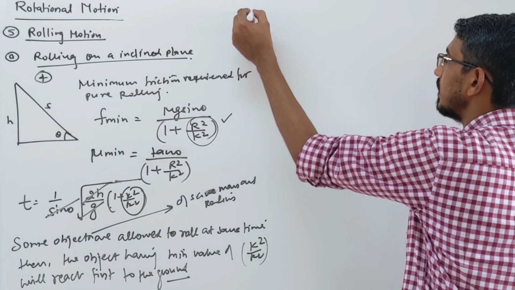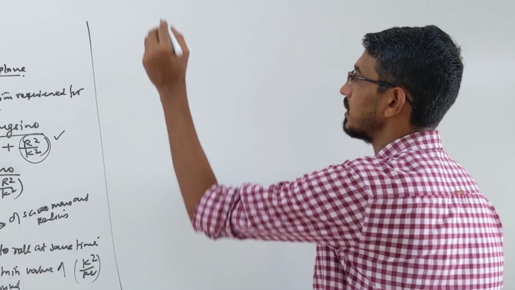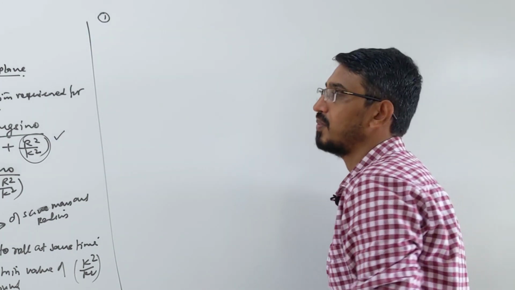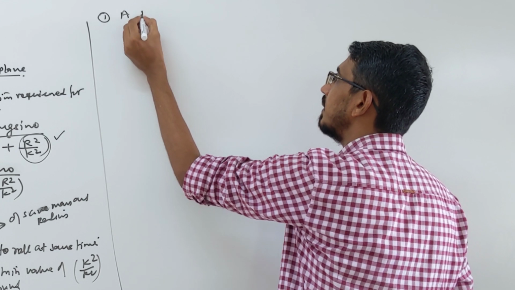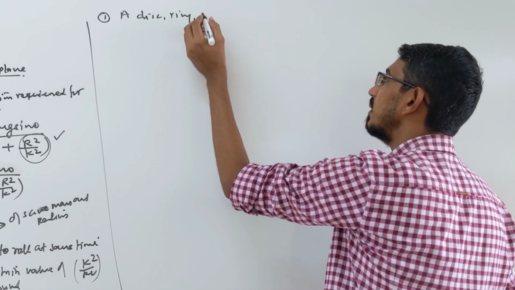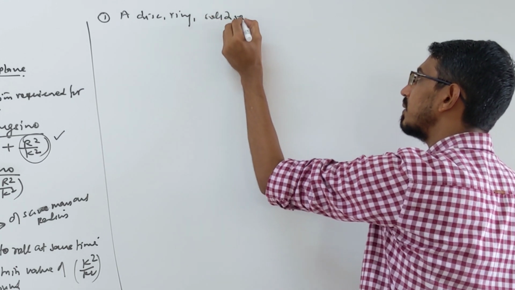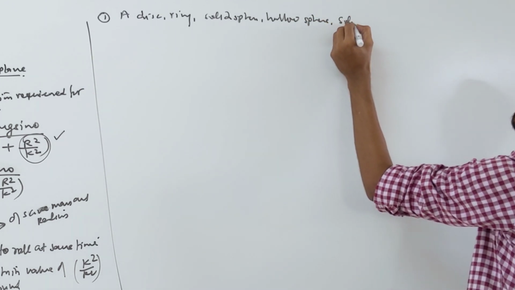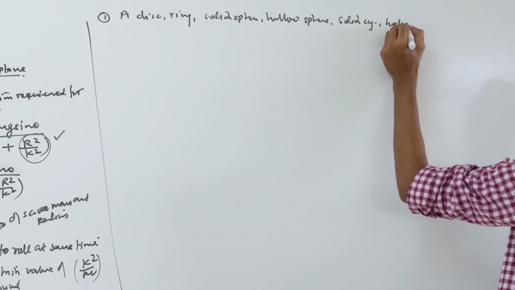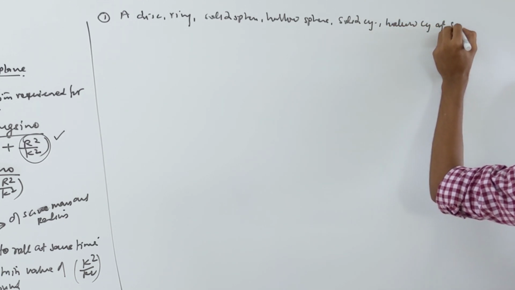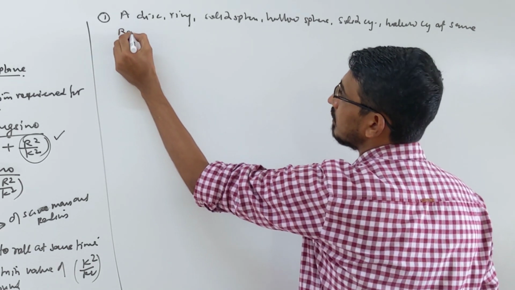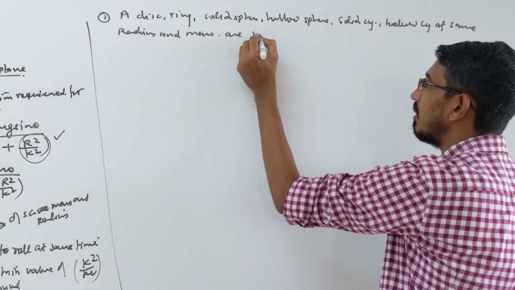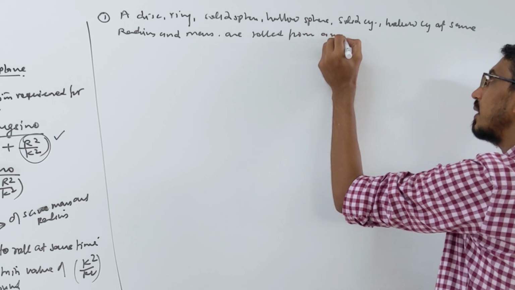Let's understand this by writing a problem. Suppose a disc, ring, solid sphere, hollow sphere, solid cylinder and hollow cylinder of the same radius and mass are rolled from an incline.